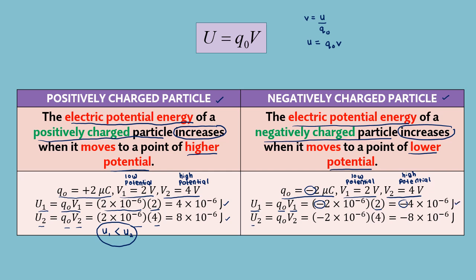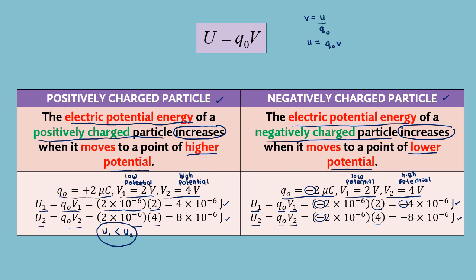And then for U2, we substitute Q naught times V2, with negative 2 microcoulomb charge, and times the high potential just now, which is 4 volt, and the value we will get is negative 8 power of negative 6 joule.